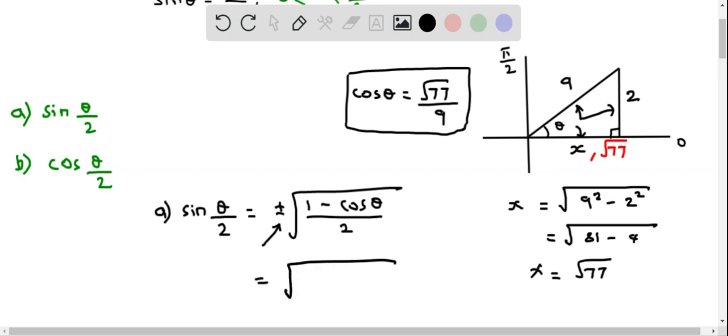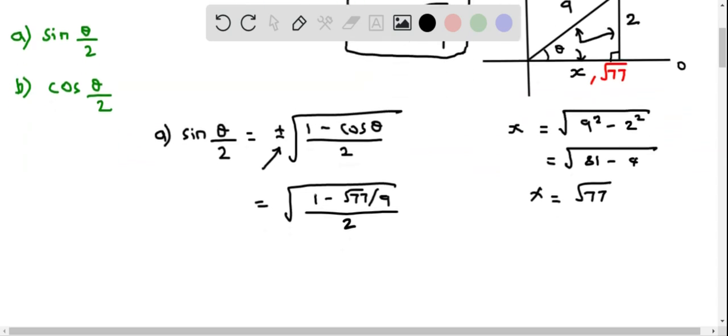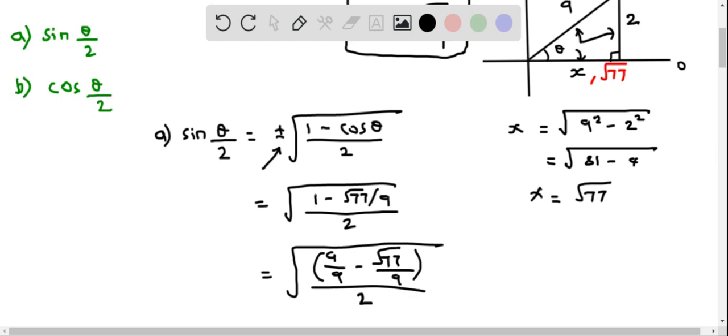So now let's plug in the value of cosine theta, which is root 77 divided by 9, and this is divided by 2. Let's simplify this. 1 we write as 9 by 9. So this will be 9 by 9 minus root 77 divided by 9, and this is divided by 2.